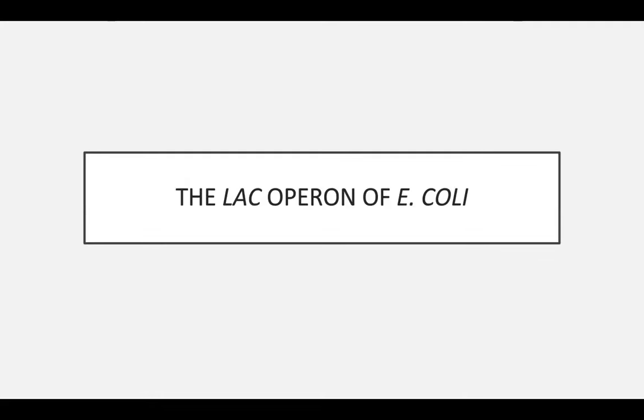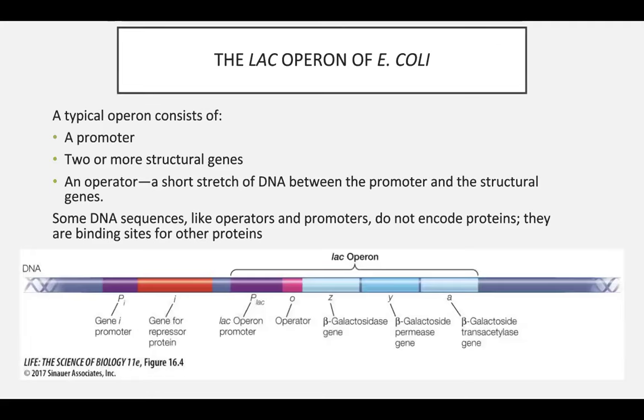So you have a lac operon of E. coli. So a typical operon consists of a promoter, two or more structural genes, and an operator, which is a short stretch of DNA between the promoter and the structural genes. Some DNA sequences, like operators and promoters, don't encode proteins. They're just binding sites for other proteins.